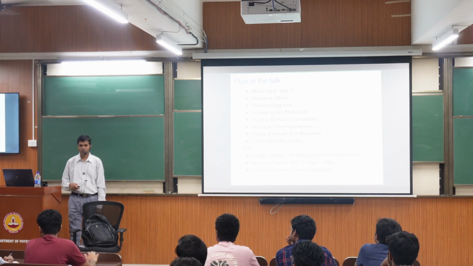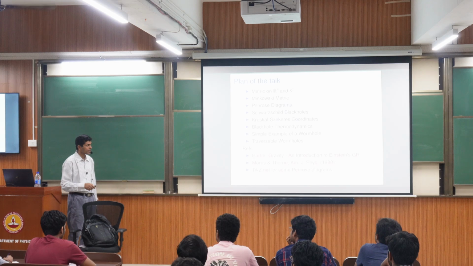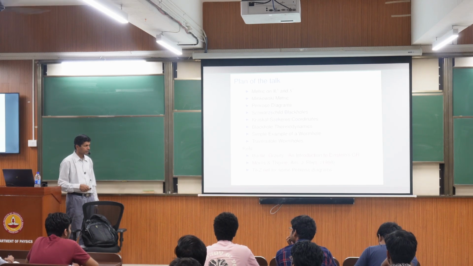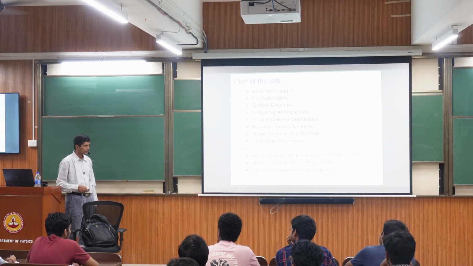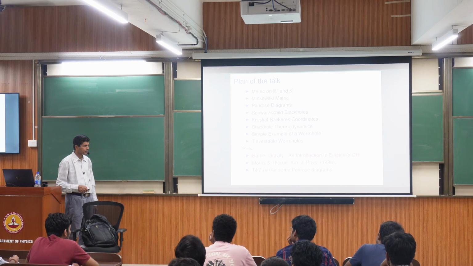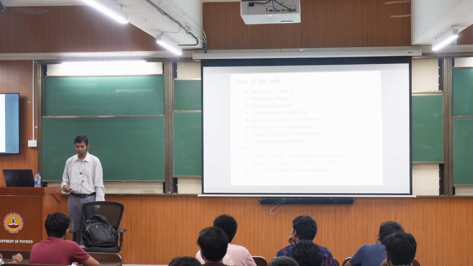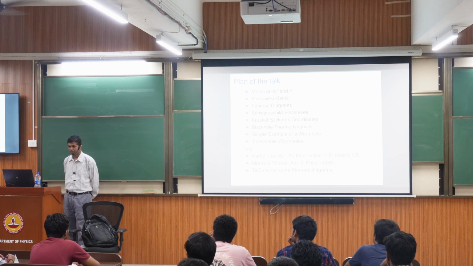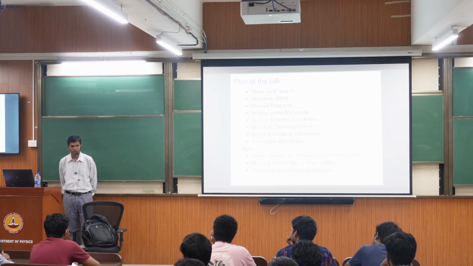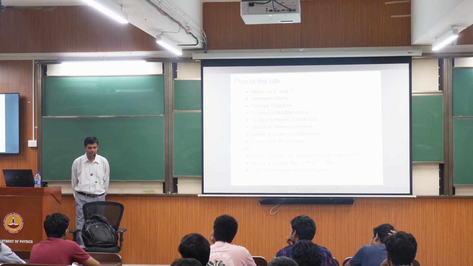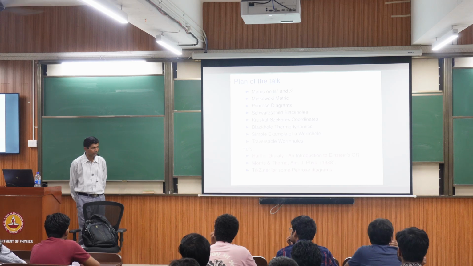Most of the material is taken from this book, and there is a very popular article on wormholes. Towards the end of the talk, I will discuss wormholes, and most of these materials are borrowed from this article by Morris and Thorne. It's a very readable article.